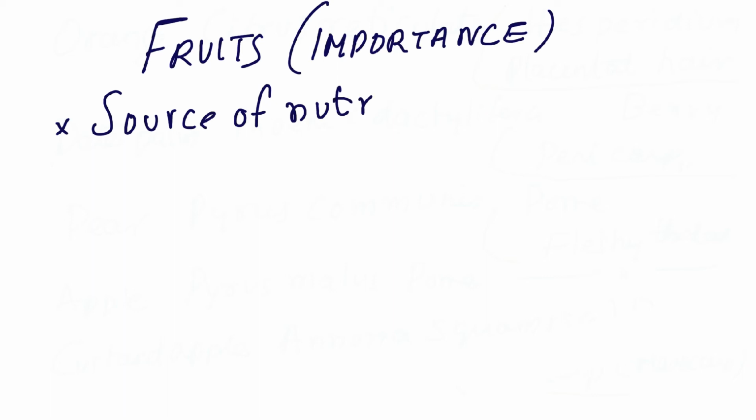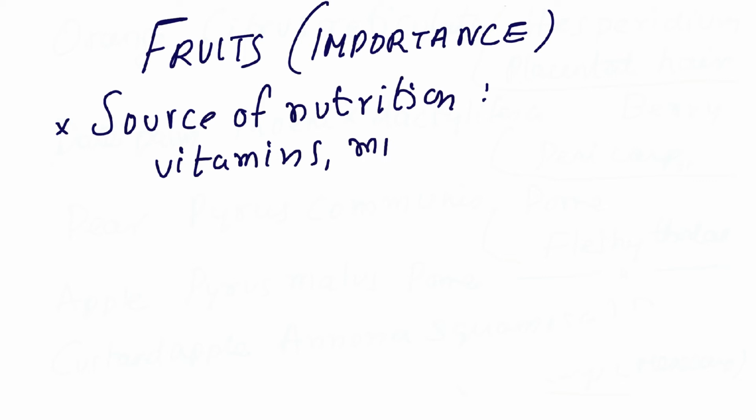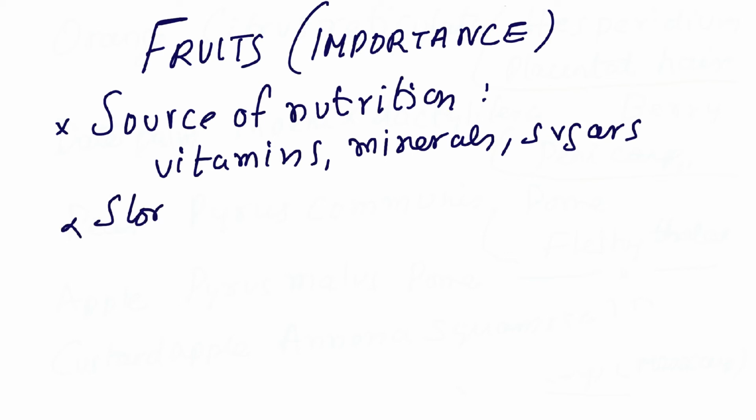It's a usage as a food source, which means that it's a source of all the essential components we need in a food, like vitamins, minerals, sugars, etc. So it's one of the most important sources of nutrition.